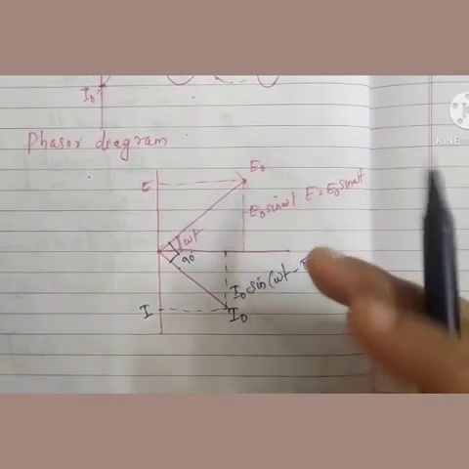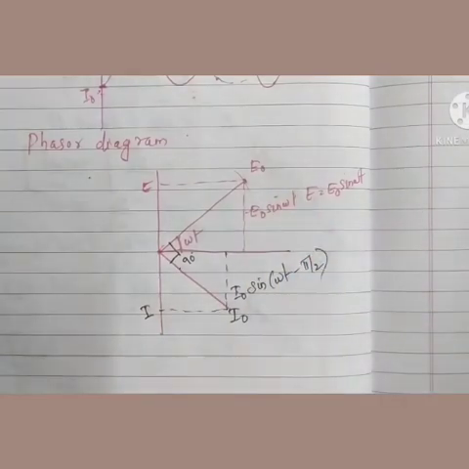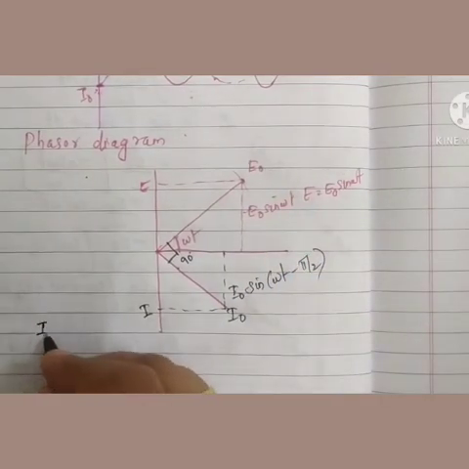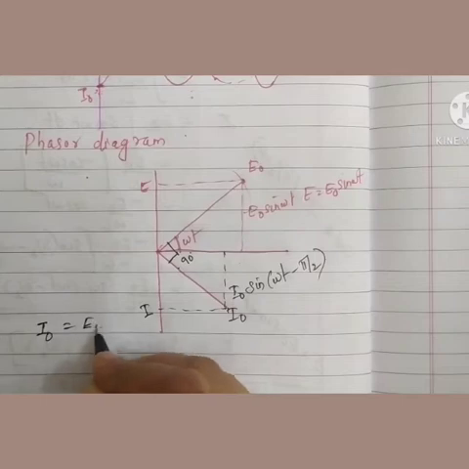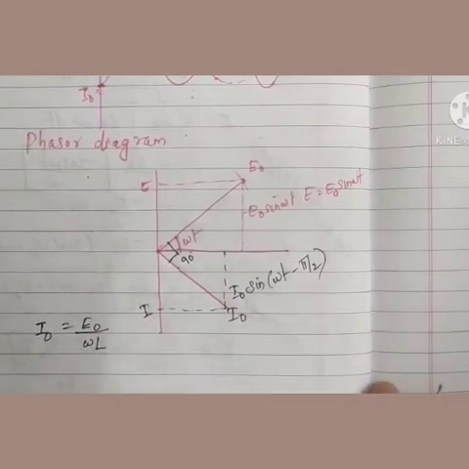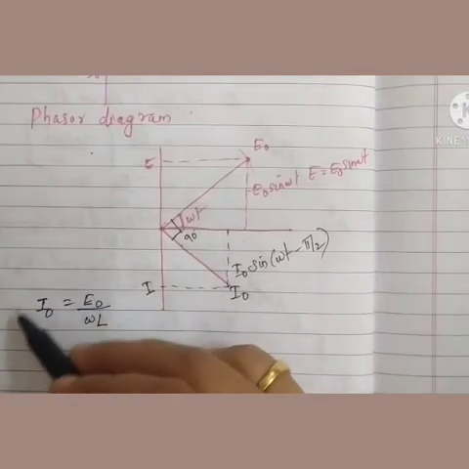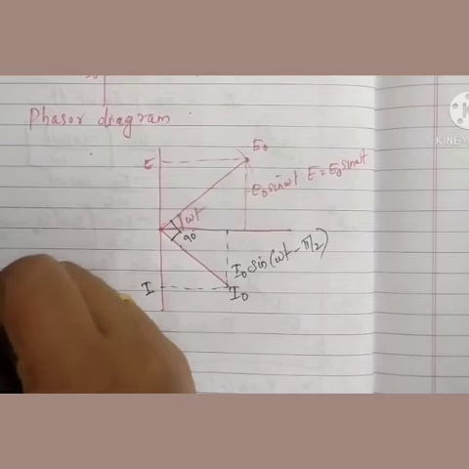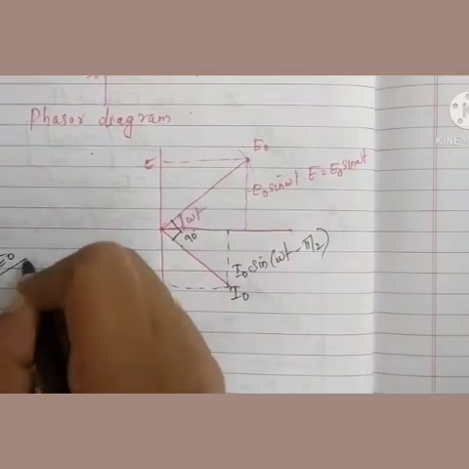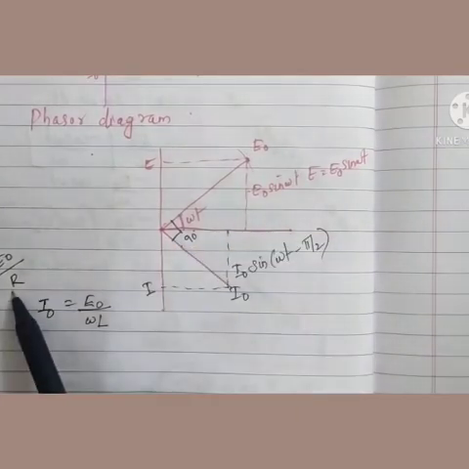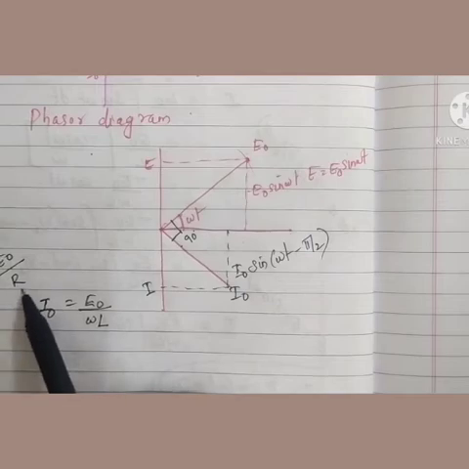Understood? Now in this section, for the value of I naught, you know I naught is equal to E naught divided by omega L, isn't it? When you compare this expression with I naught equal to E naught by R from Ohm's law, you know R is the resistance, right?